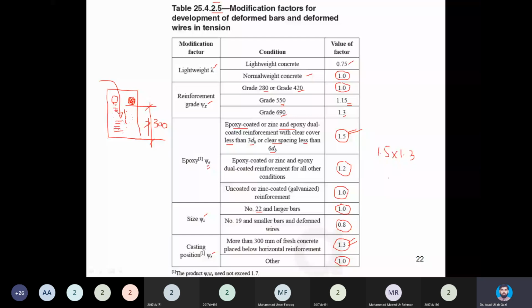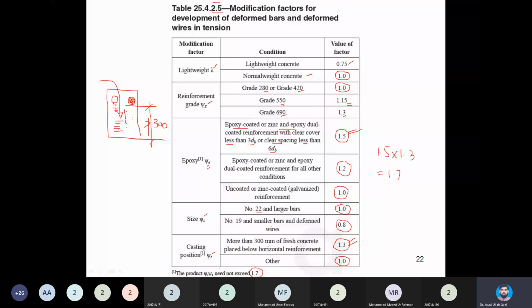In this case, the code permits that once you take the product of 1.5 into 1.3, you reduce the answer to 1.7. So it will be greater than 1.7 when you multiply them, but it is recommended here that the product need not exceed 1.7.